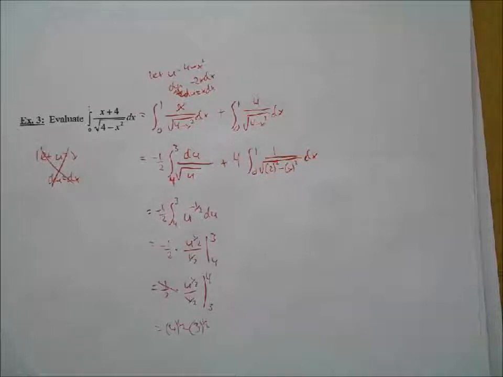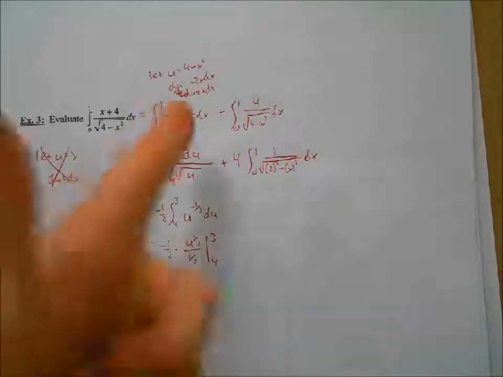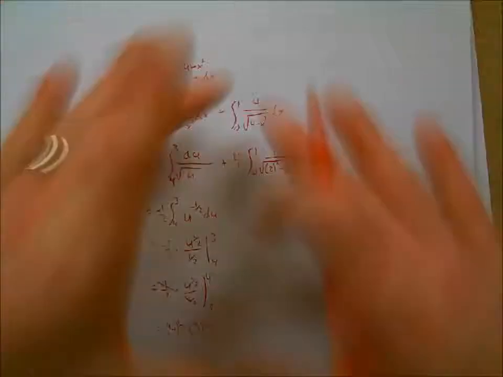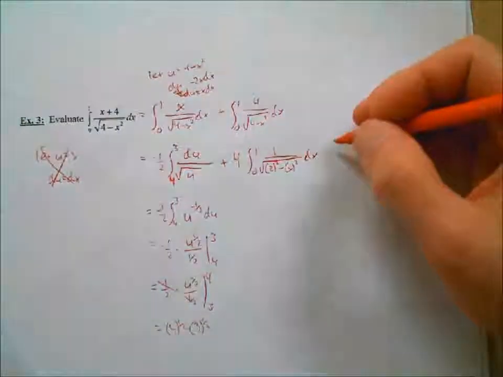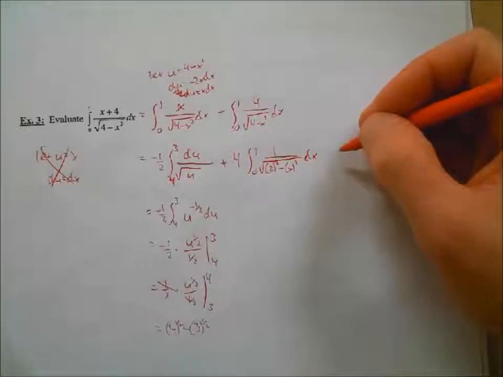If you're going to use a substitution here, I would recommend that you use a different variable than u, because we've already technically used u in this part of our problem. Since we're in the same problem, the same universe, we're going to use a different variable. The typical alternative would be v or w.